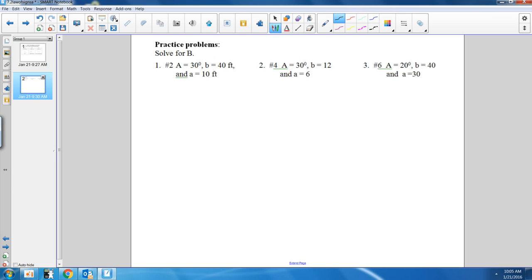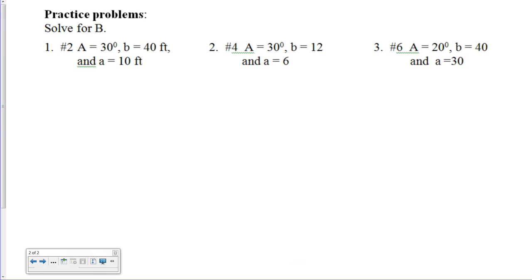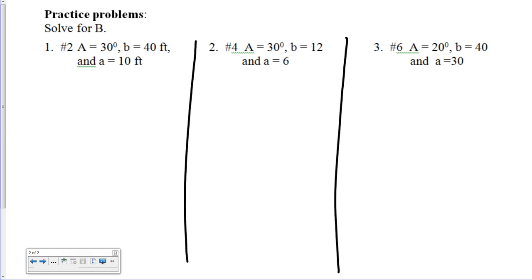And so the 3 cases are these, and you're given similar information. You can't tell what's going on in these problems until you actually do the math and use your law of sines. So I want to do each case and show you that you can do a different answer.